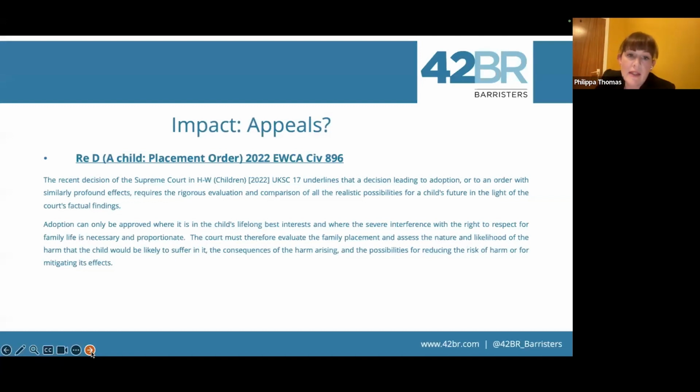In considering that, obviously, we need to look at certain other cases. One of those is Re D, a child and placement orders, which was also in 2022. The recent decision in that case underlines that a decision leading to adoption, or an order with similarly profound effects, requires the rigorous evaluation and comparison of all the realistic possibilities for a child's future in light of the court's factual findings.